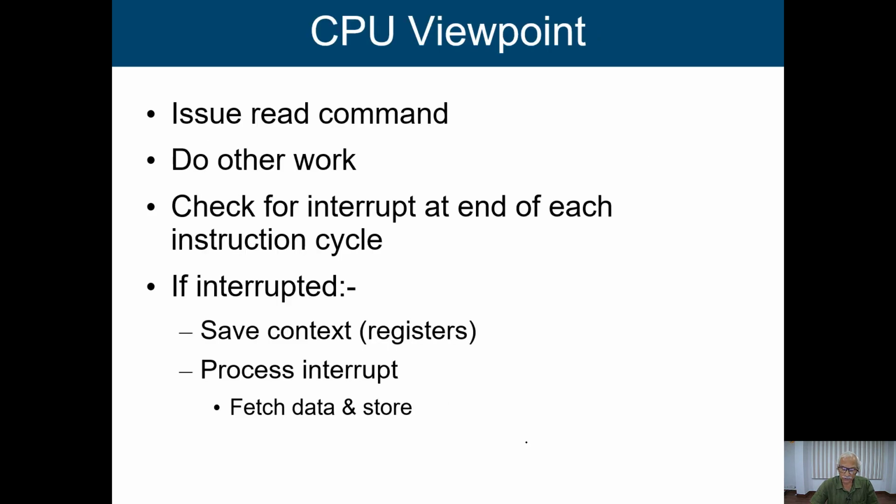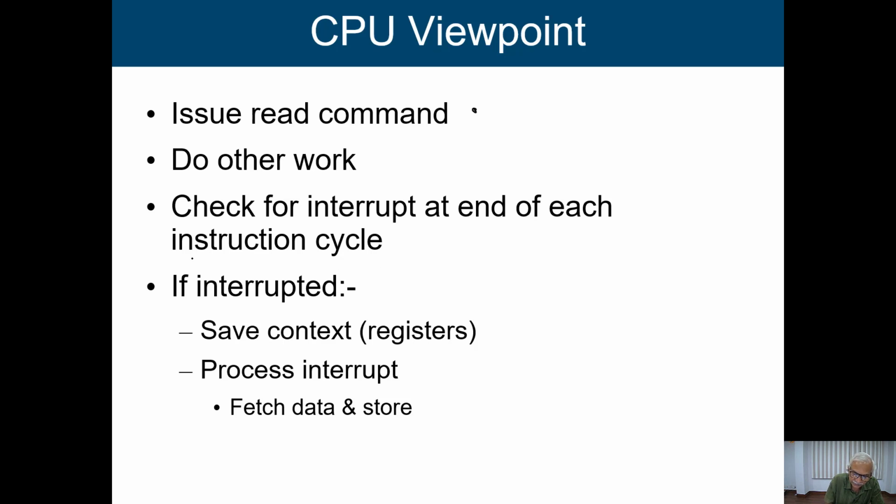Now, what are the things that we have to do when we look for the interrupt service routine, or give service to the input output devices? From the CPU's view, it says: use the read command, do other work if something can be done inside the processor, and check for interrupt at the end of each instruction cycle.